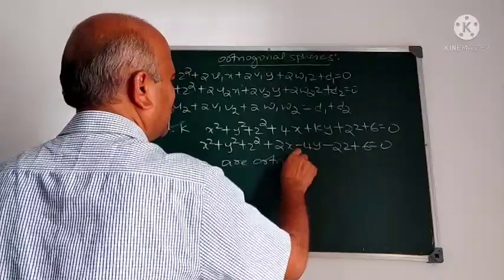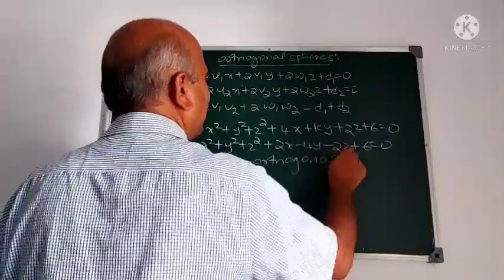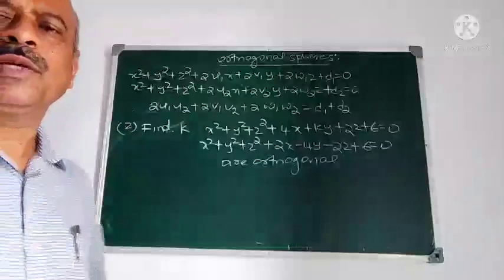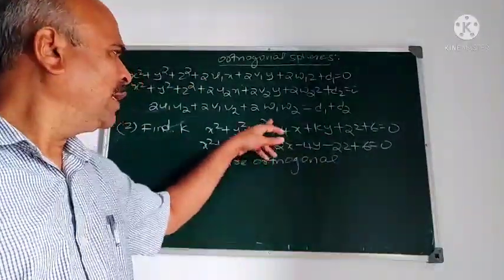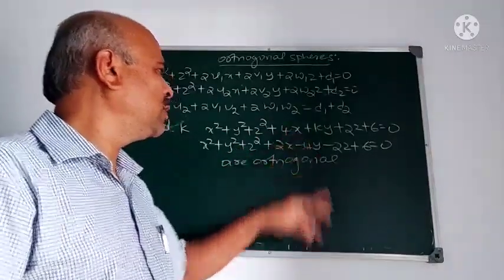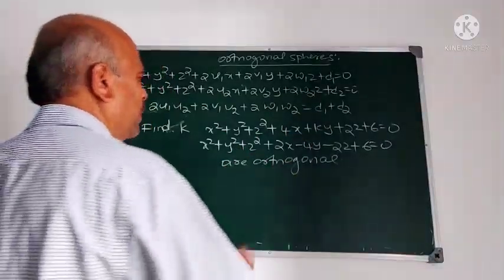This is also a standard example. You can expect this type of example from this topic. These are 2 marks problems. Find k so that the two spheres are orthogonal.